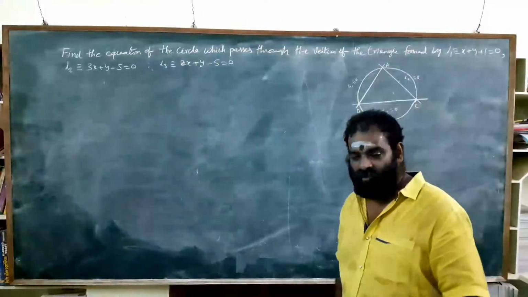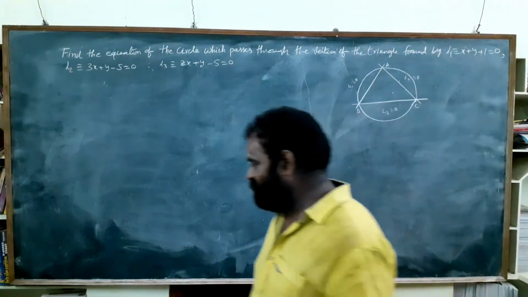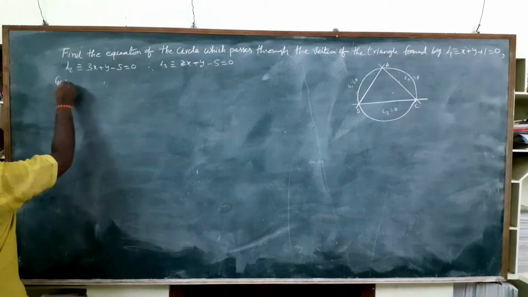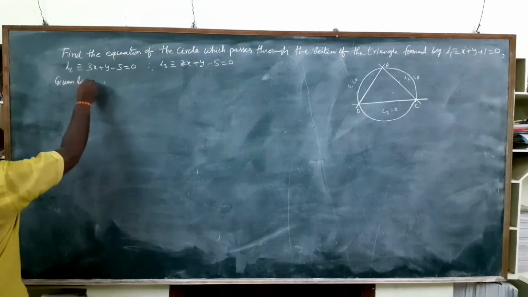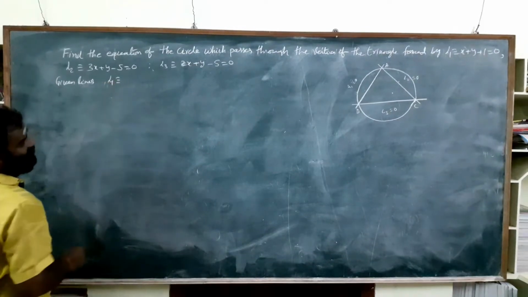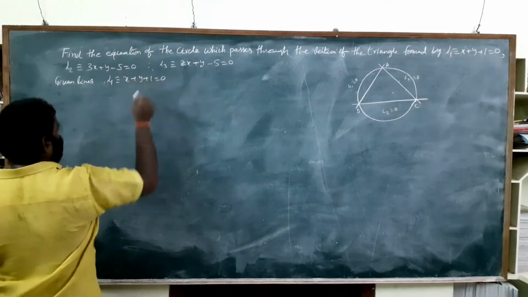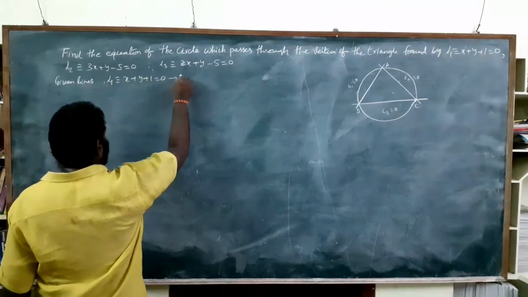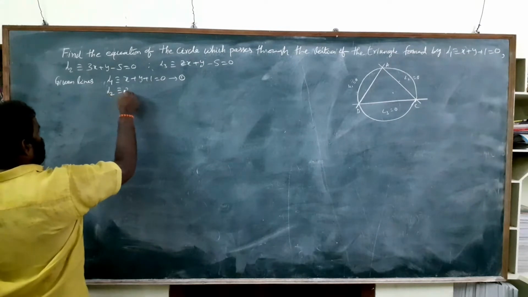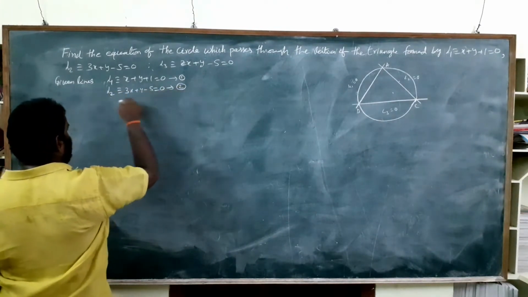Okay, so method 2, how do I solve it? Friends, clearly observe the given lines. L1 identical to x plus y plus 1 equal to 0, first equation. L2 identical to 3x plus y minus 5 equal to 0, second equation.